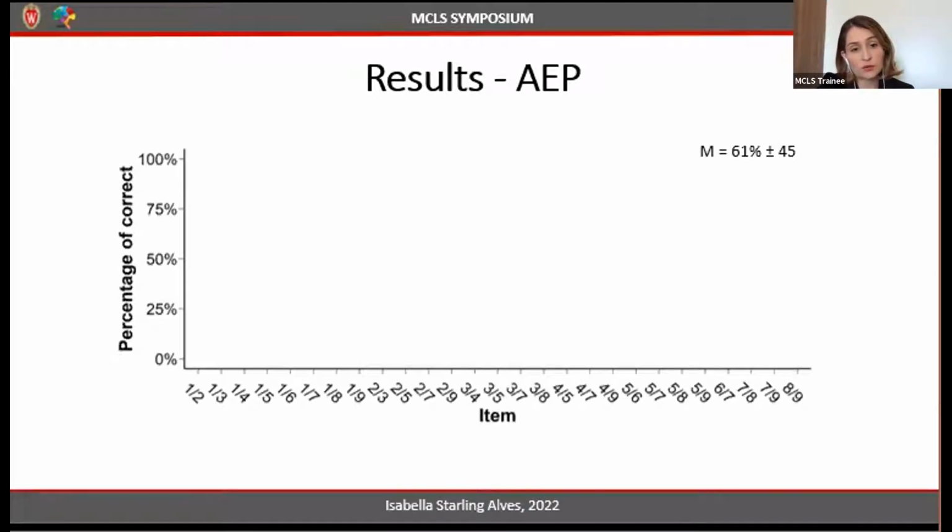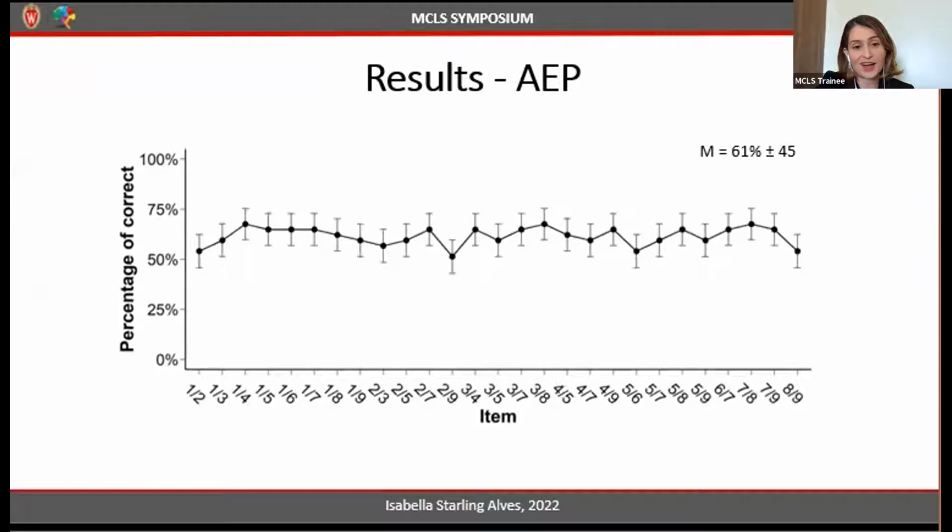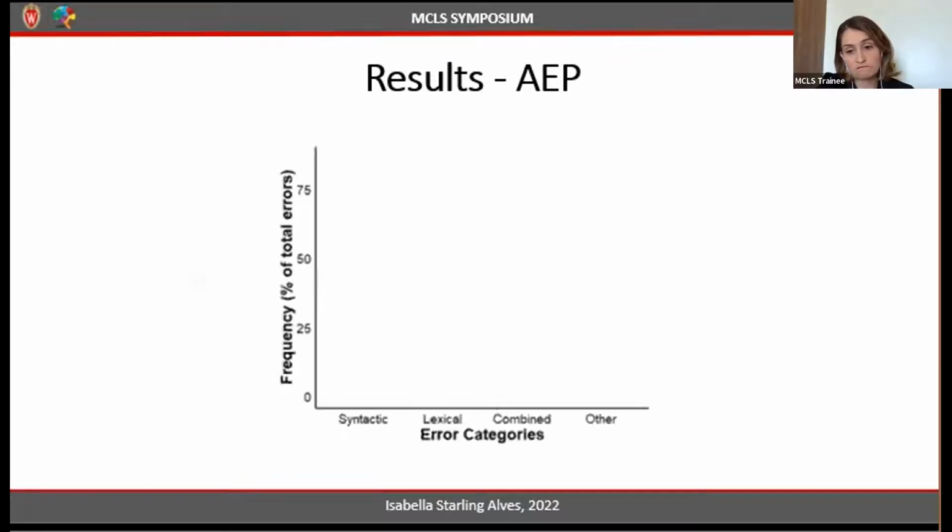And then here I'll show you the percentage of correct for each item. Here on the x-axis, we have the item of the task, and the y-axis, the percentage. And overall, I was expecting to see maybe a ceiling effect for half, but this didn't happen. So all the fractions were kind of similarly difficult for most participants.